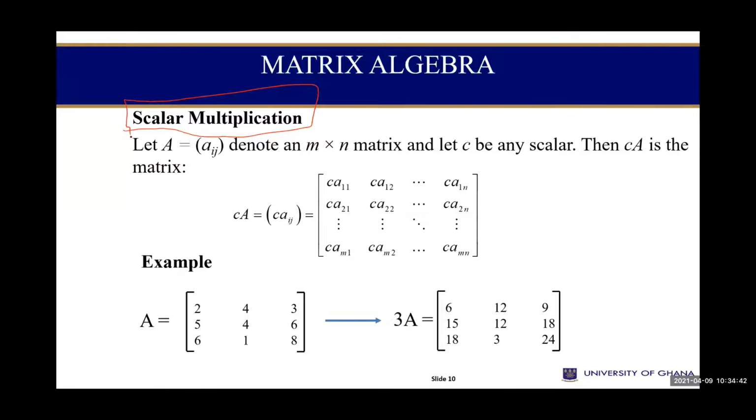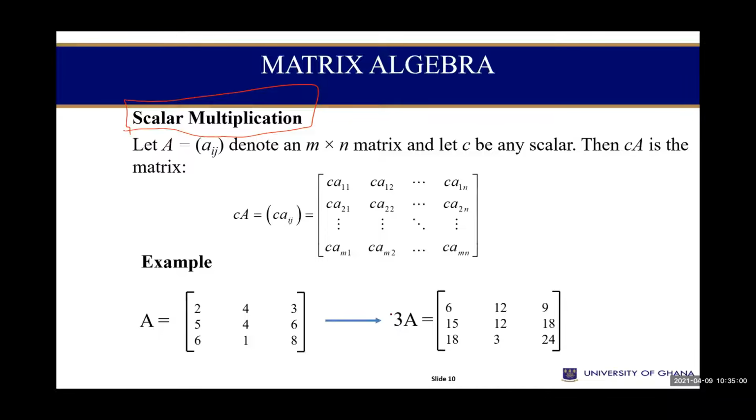Usually we say a non-zero scalar. So given a certain matrix and we are multiplying by a scalar, all you have to do is pick the scalar and multiply through all the elements in that matrix.